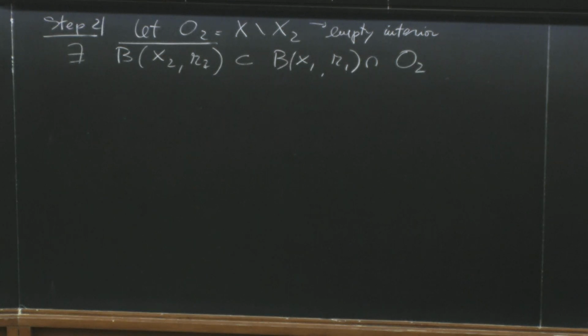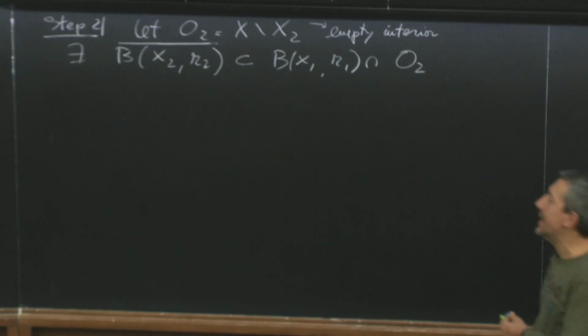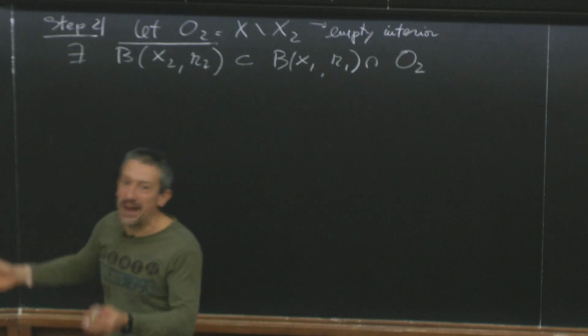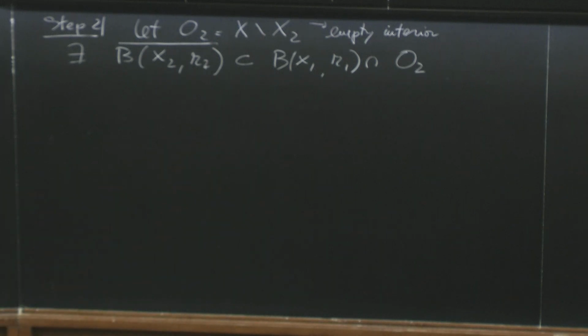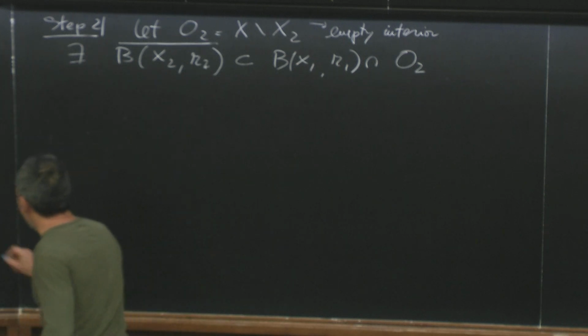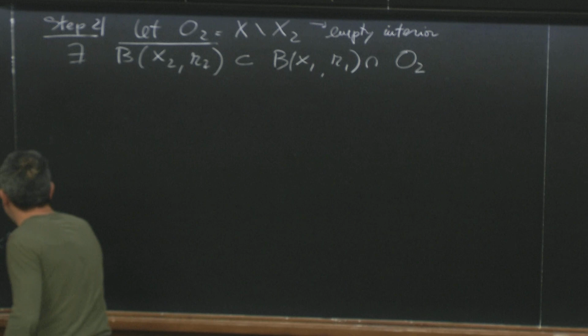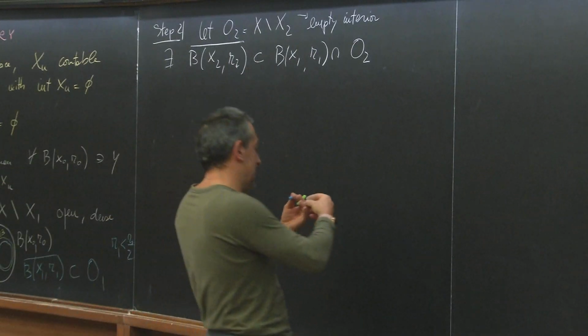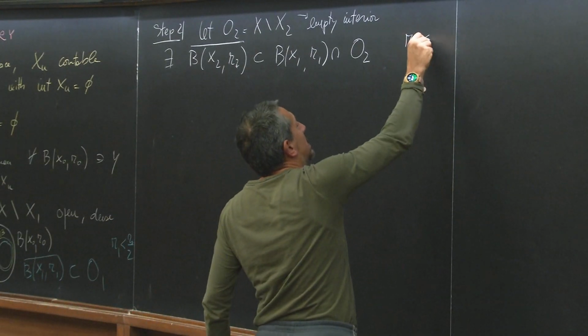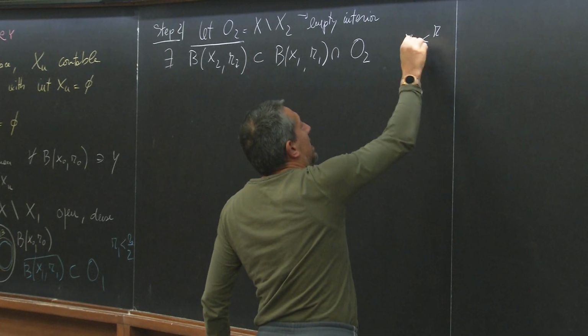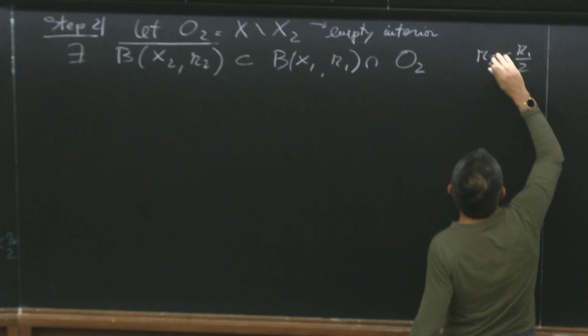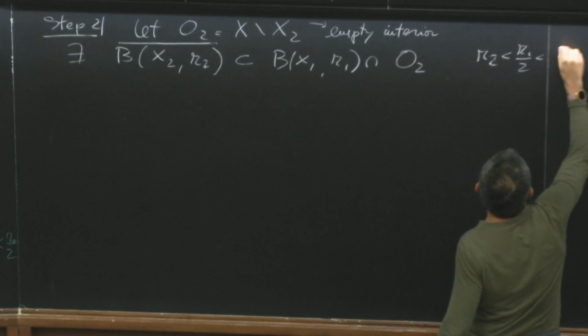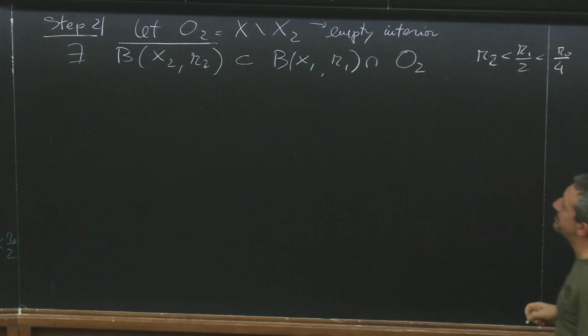Professor, we have to put some condition for R2. Yeah, sorry, I forgot. At the end I will discuss, because I have to prove it is a Cauchy sequence. Yes, I can say here that R1 is less than R0 over 2, and here I can take R2 less than R1 over 2, so it is less than R0 divided by 4.